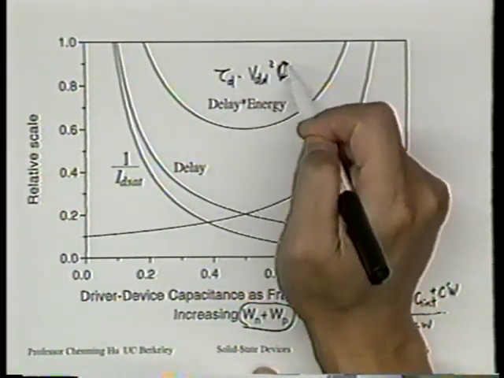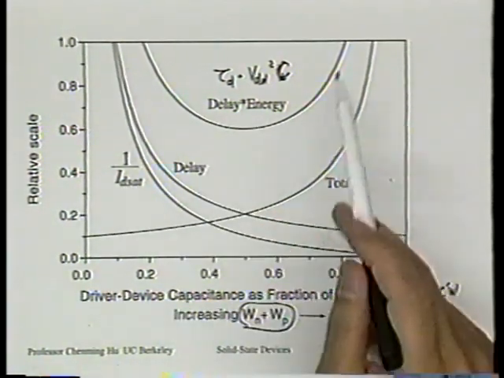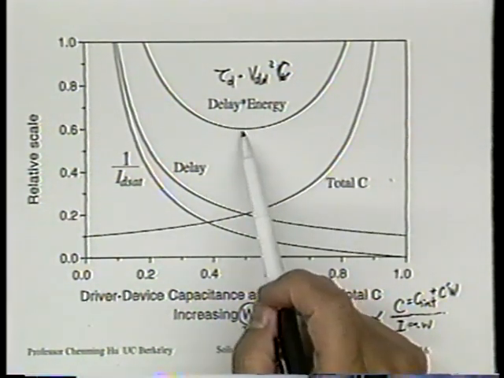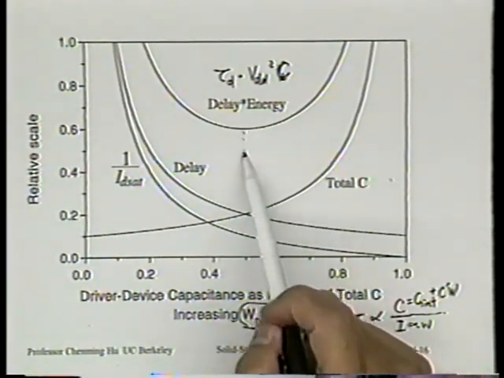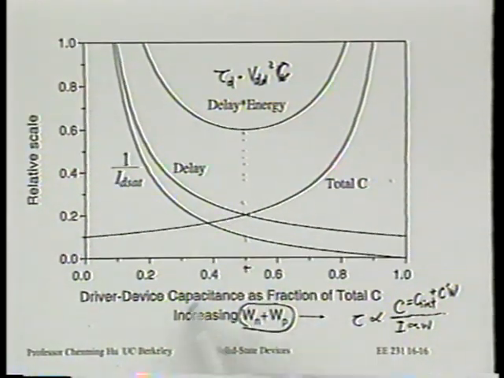So if we now say we're trying to look at the product of delay and energy. Energy is just VDD squared times C. Is that right? If this is what we're looking at, what turns out is not a monotonic function of WN plus WP anymore. It actually shows a minimum. At some point of WN and WP, the energy delay product is minimum, all right? And the minimum happens at 0.5. So let's look at the horizontal scale, what we're plotting.